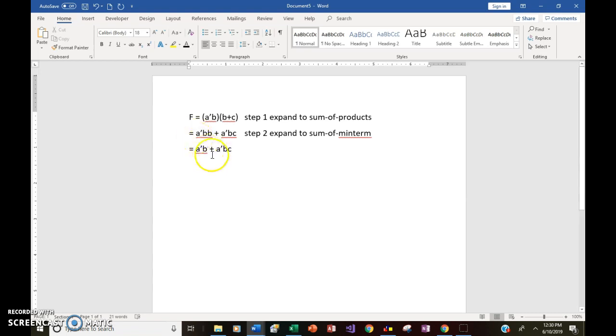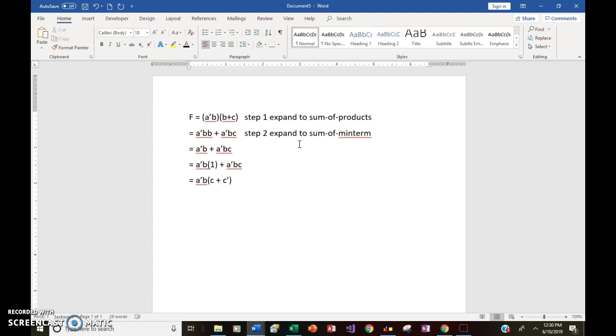How do we introduce C to this term? If you look in your book, this corresponds with section 1.10. The way to do that is to multiply by 1. Multiplying by 1 is the variable plus its complement.